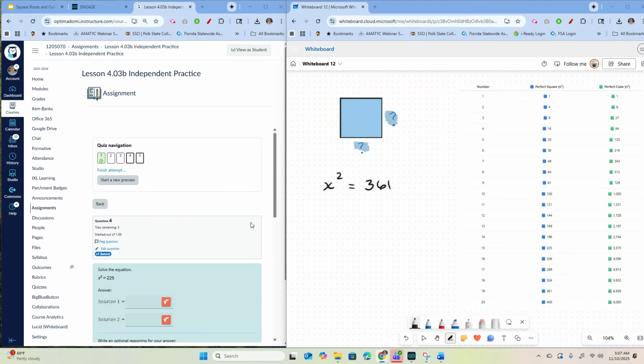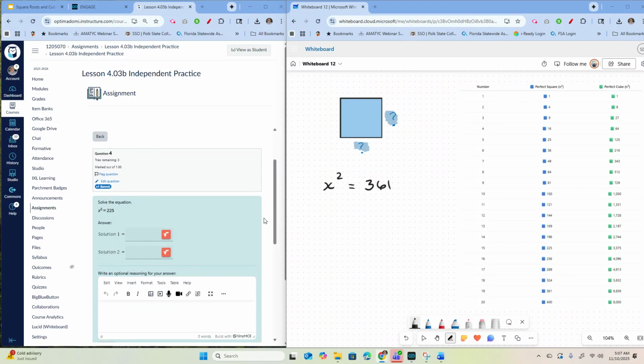Here's question number 4, and same idea like we have done so far. We're working with this quadratic equation, which is an equation where you're going to see the letter x with an exponent 2. And basically, this equation is like the picture, the square you see above.